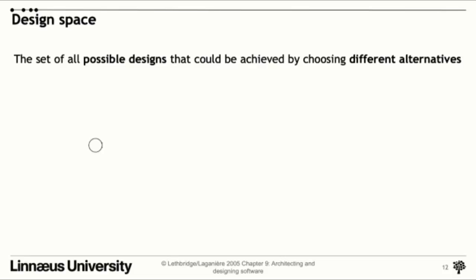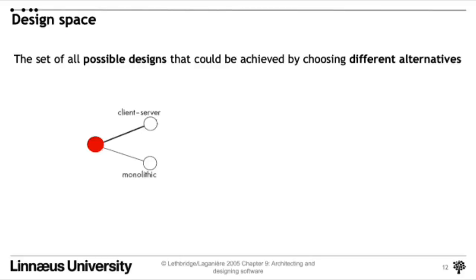So the first choice might be, should we create a client-server application, or should we go for a monolithic design? We will see later on what these two are. I mean, there are two different architectural styles. So what is the structure that we want to give to our software? Shall we go for client-server, or shall we go for the monolithic one?